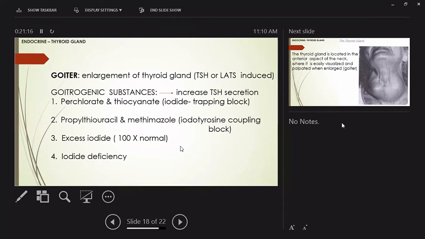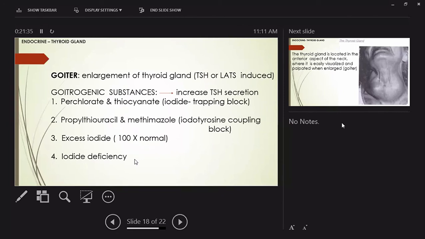And if you have excess iodide, that is already 100 times normal, and so your goiter can enlarge.